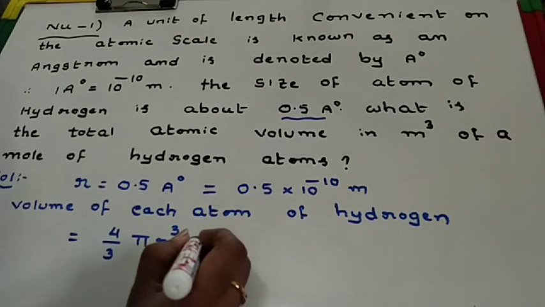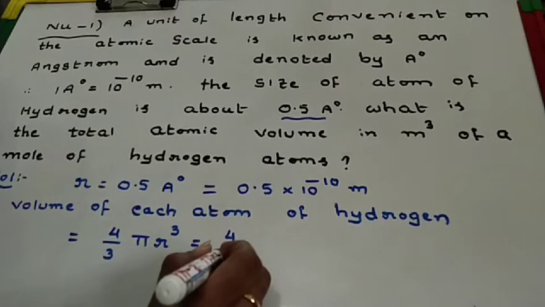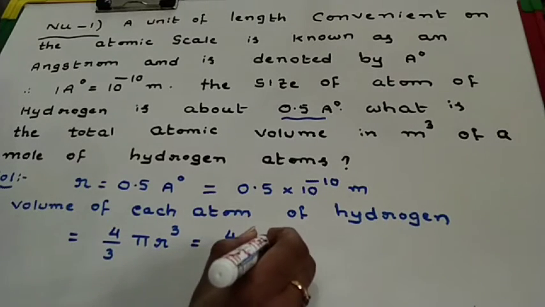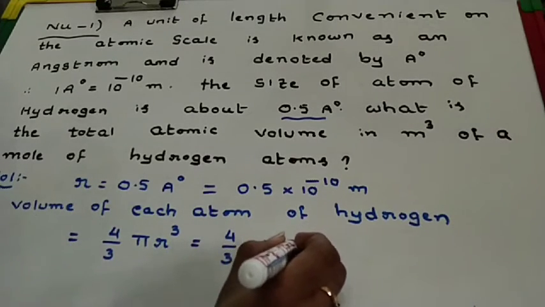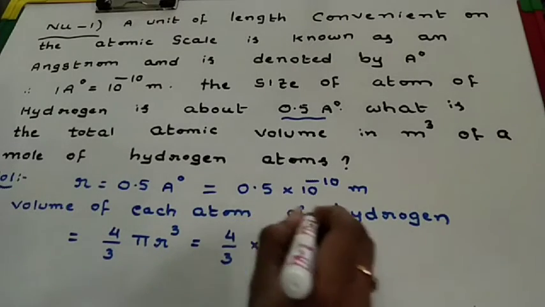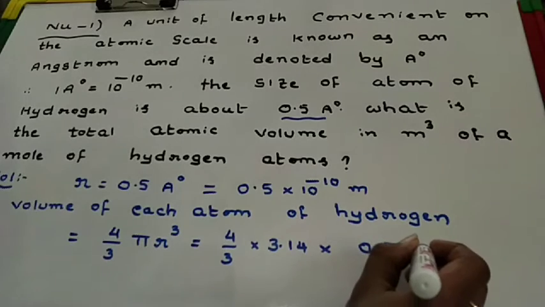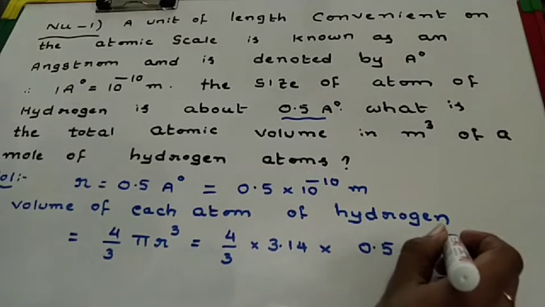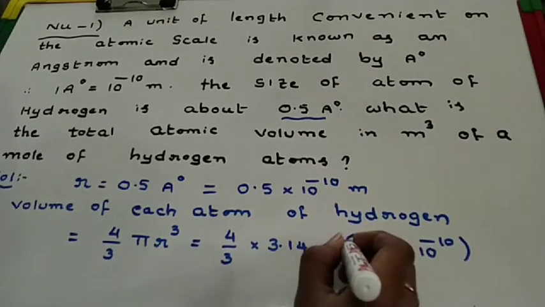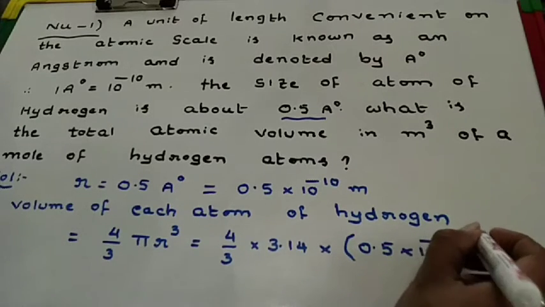That is equal to 4 by 3, pi means 3.14, into r means 0.5 into 10 to the power of minus 10 meters, whole cube.